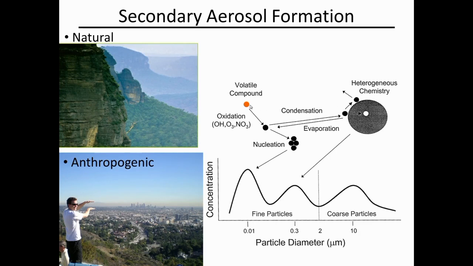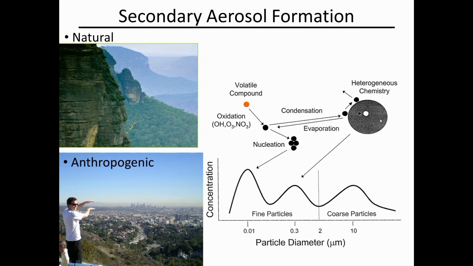So what happens is these volatile compounds, through oxidation, can lead to nucleation of new particles. And they're very, very fine. In fact, they're much finer than this diagram actually shows. And we'll come on to that in the next couple of slides. Or these same molecules can condense onto the pre-existing primary or secondary particles and get converted.